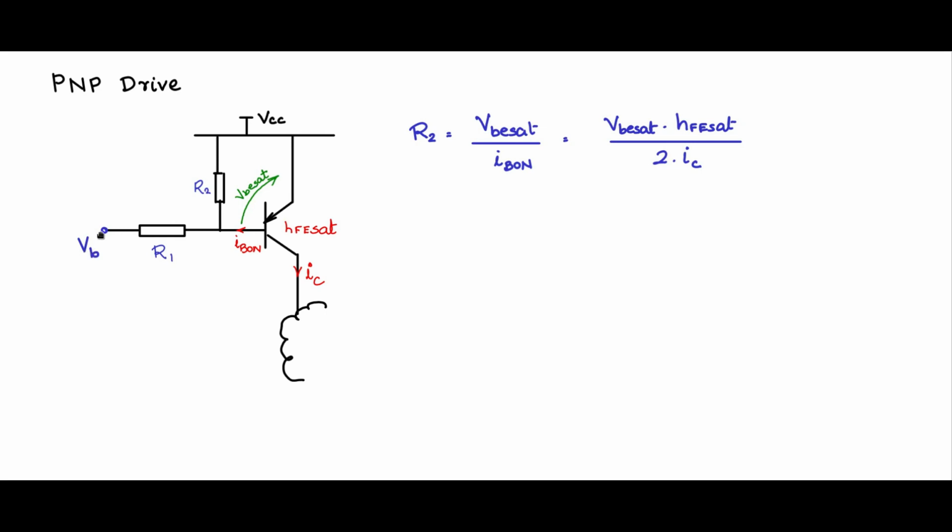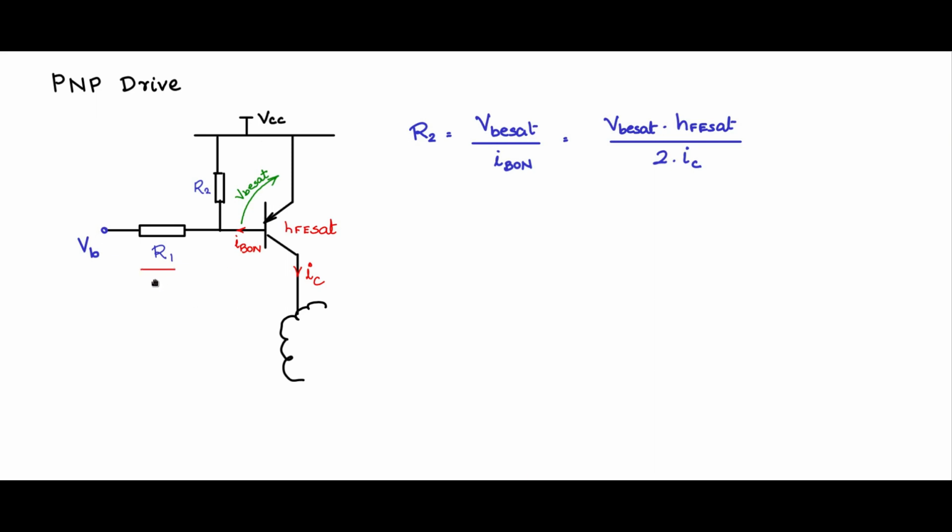When VB is high, this potential will match the potential here, and there will not be any flow of current in this direction. So when VB is high, the PNP BJT is off, and when VB is low, the BJT is on.